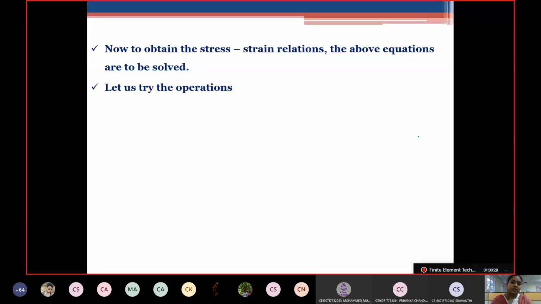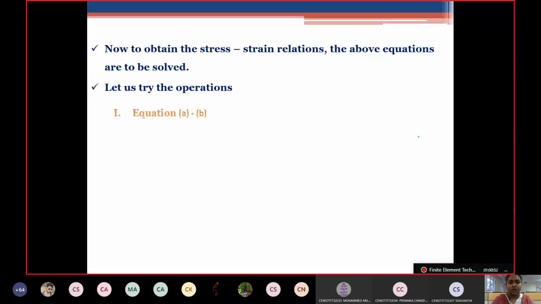Now see, the way I am showing here is not the only way to solve the equations. This is just one easy way. You can make any operations you want, however you want to solve it. But this is one type of operation that I am taking into consideration.